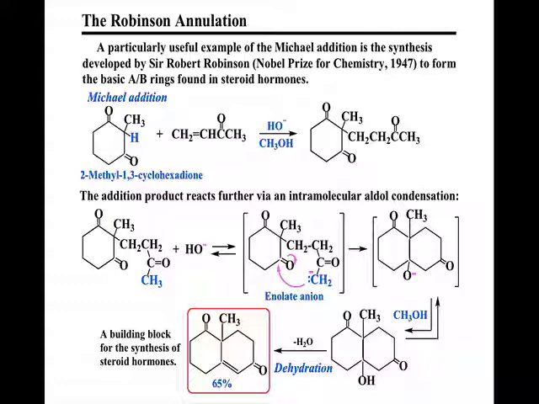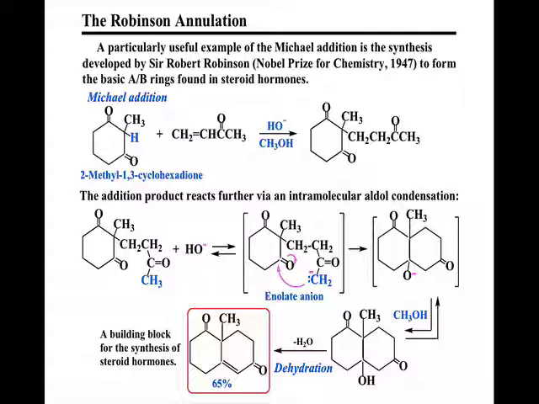All right, the Robinson annulation is the reaction between an enolate and an alpha-beta unsaturated carbonyl-containing compound to actually form a variety of rings. Nothing new here, but we're starting to mix reactions together. The Robinson annulation is nothing more than a Michael addition followed by an aldol reaction.